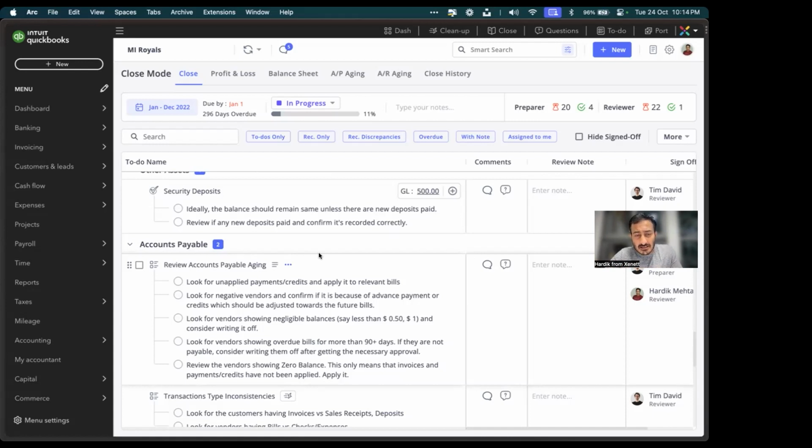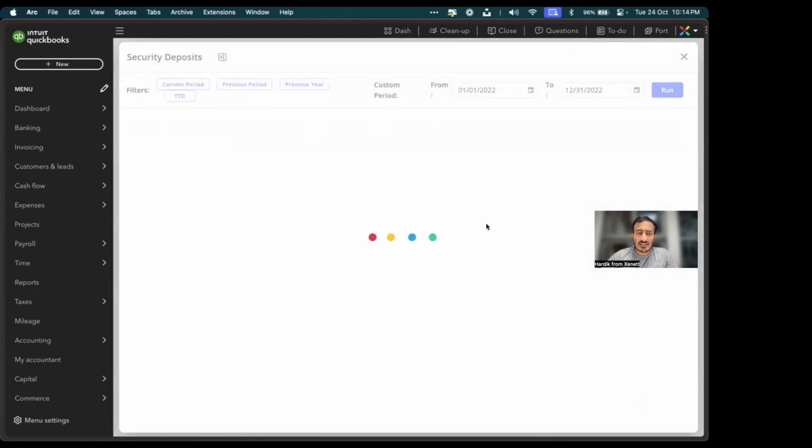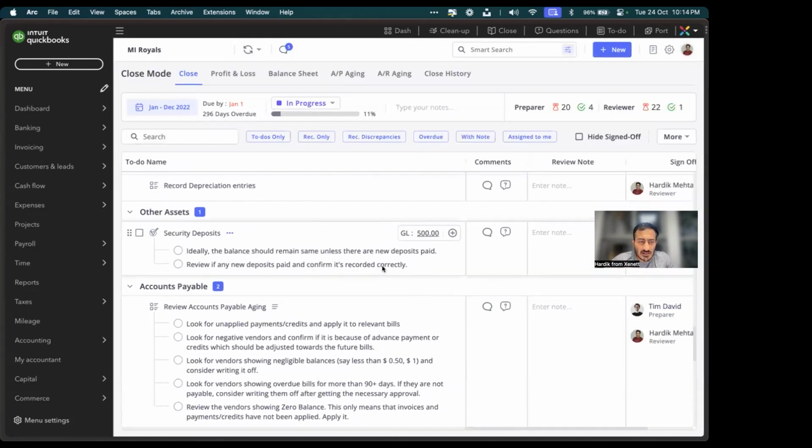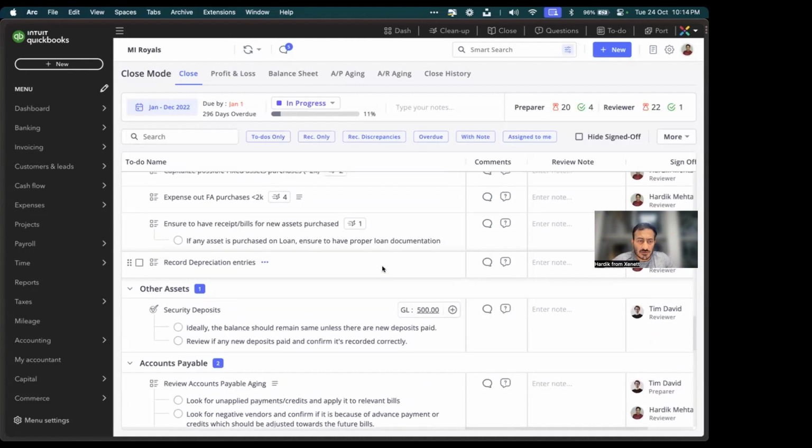We want to make sure that if the balance changed, it's because we paid some new deposits, as it's very unlikely that past deposits got adjusted towards payments. So generally the balance should remain the same. If there is any change, in this particular case, I'm going to click on the amount and quickly see if there are any new transactions. If not, we should be just fine, right? So that's what we check with the security deposit.